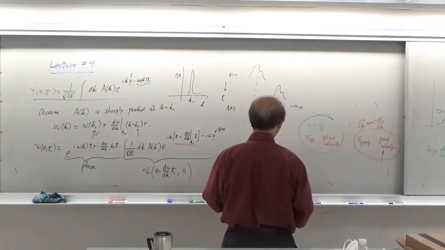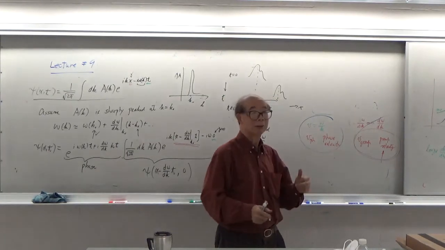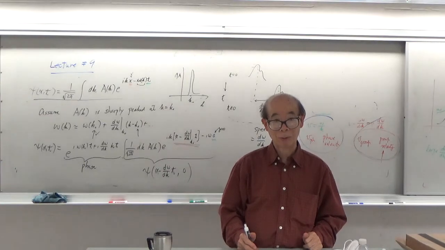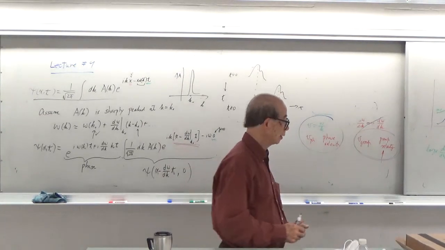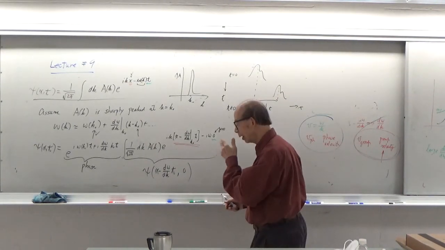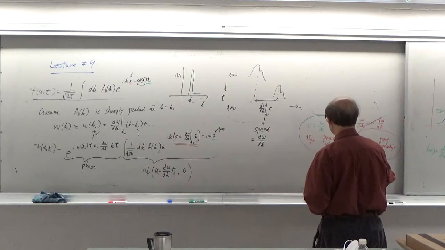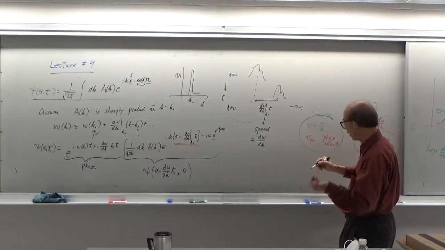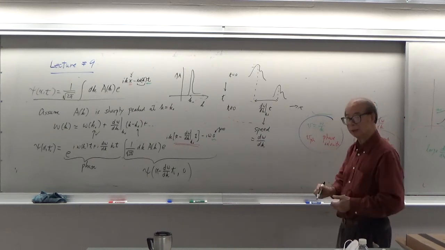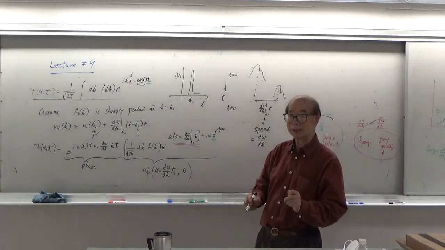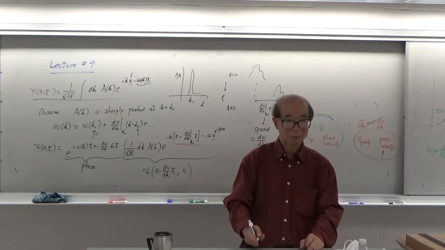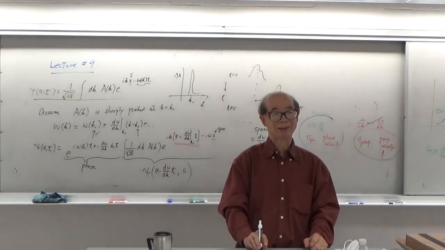And we want that speed to not exceed c, the speed of light in vacuum. As I will show next time with an example, the phase velocity is larger than the speed of light c, whereas the group velocity is less than c. So that's great. That's good.